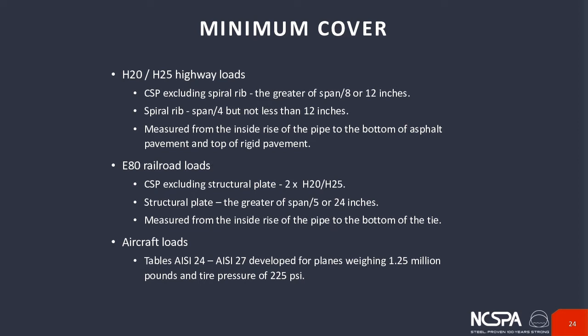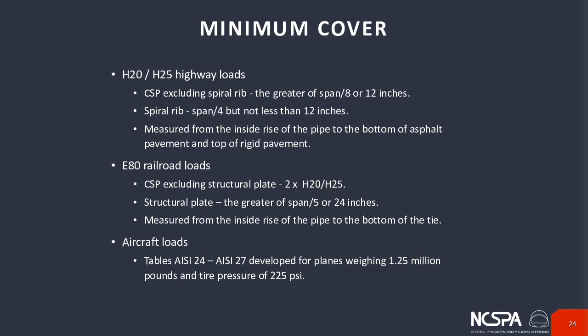This does vary a little bit, as there are some corrugation profiles that have a different limit. So the spiral rib profile has a limit of span over 4, not less than 12 inches.